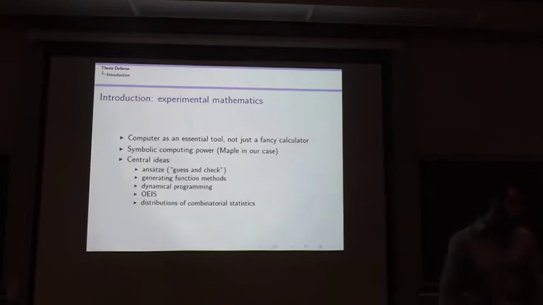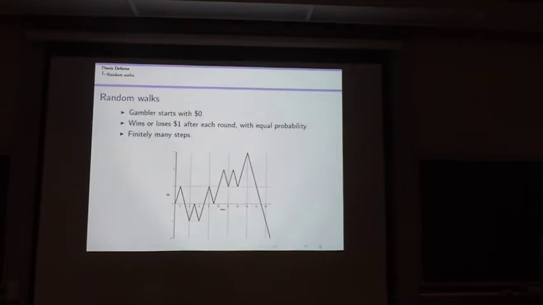Okay. So I'm going to start out with random walks. The setup's pretty simple. Say we have a gambler, and he starts out with $0, and now he's going to start playing some games. Every time he plays, he's going to either win or lose $1, with probability 1/2.